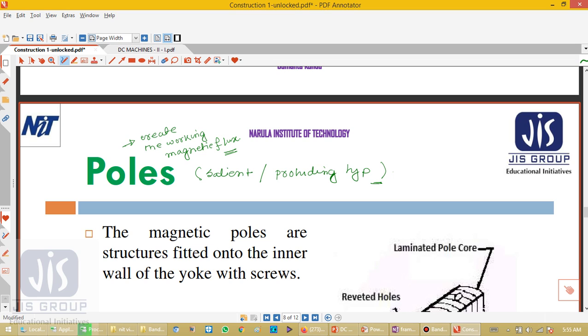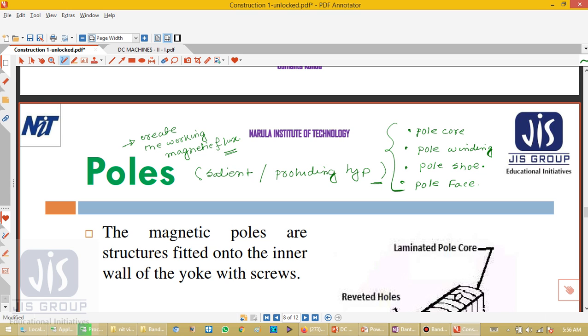And the different parts of this pole are pole core, pole winding, pole shoe, pole face.